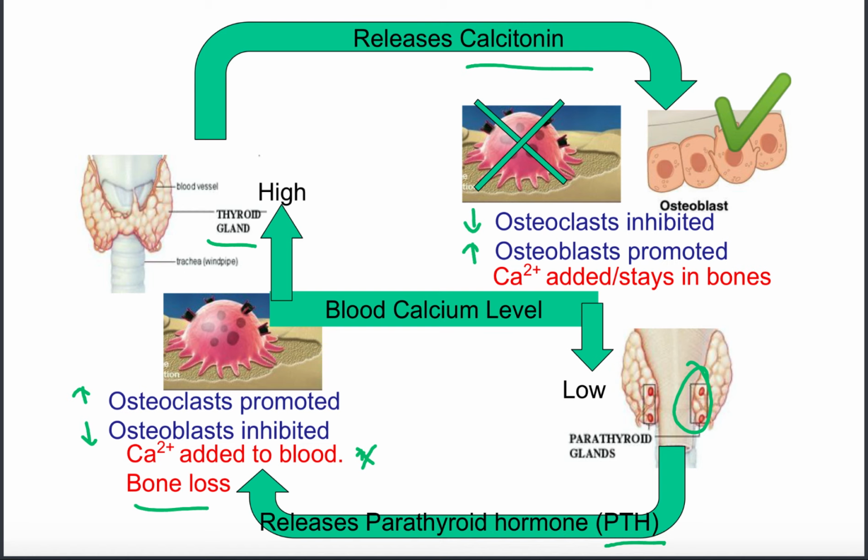And that's going to pack on calcium and make my bones stronger. So calcitonin leads to deposition, and parathyroid hormone leads to resorption. So I would draw this flow chart down. You don't have to draw the pictures, but I would draw the fundamental arrow movement as well as what's occurring at each stage.